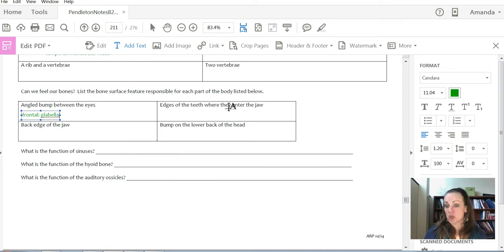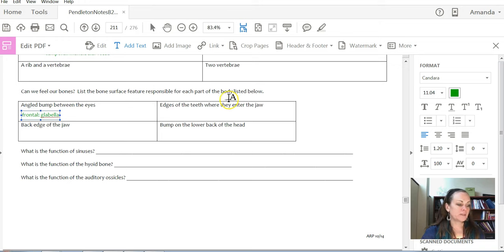What is that bone? What is that surface feature called? The bump on this back part of the head. Okay, so think about, again, what's the bone? What's the surface feature that you're actually feeling? The back edge of the jaw, what's the bone? What's the surface feature? Okay.